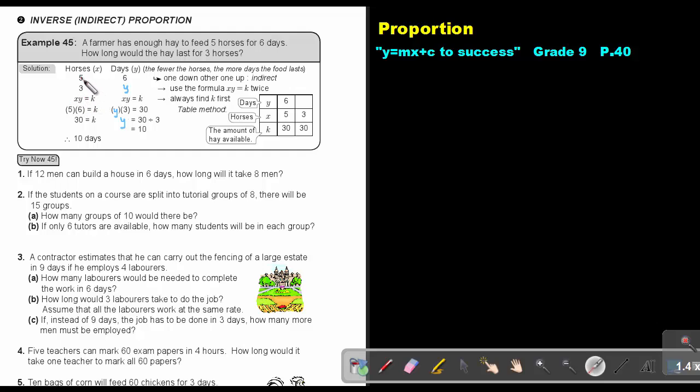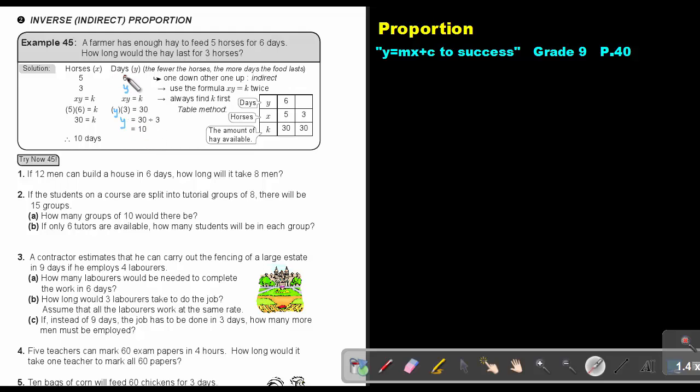So I start by saying 5 times 6, that is 30. So that will be the constant, the amount of hay. Then I use this formula again. So I say 3 times y is going to give me that constant 30. And then I just solve the equation. I divide by 3, and I get that the value of y is 10.